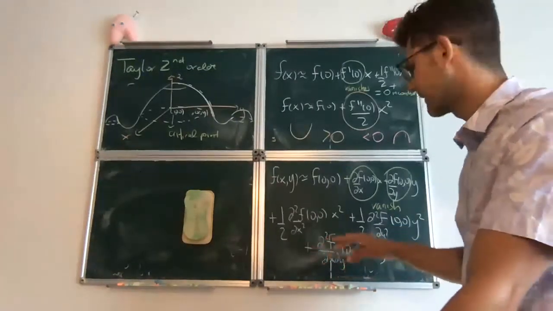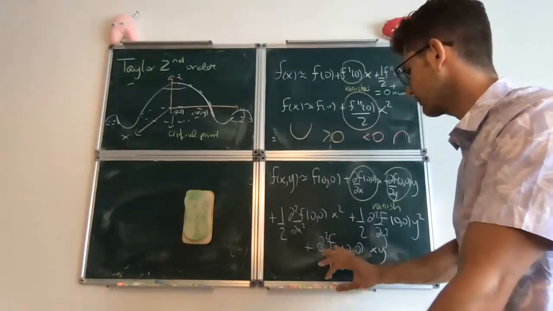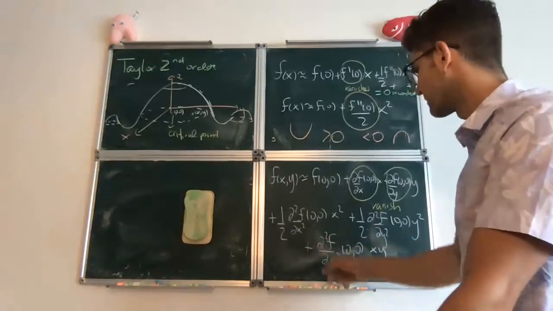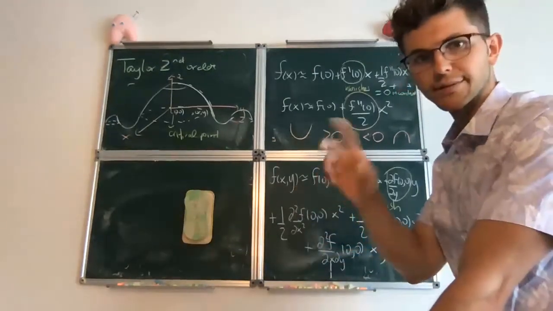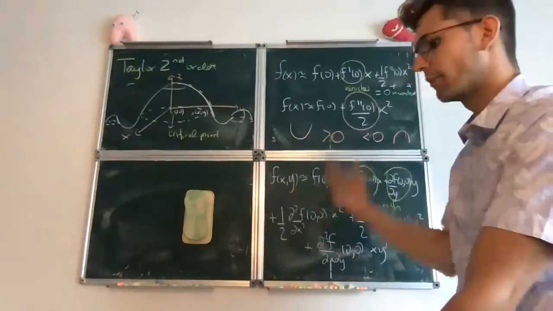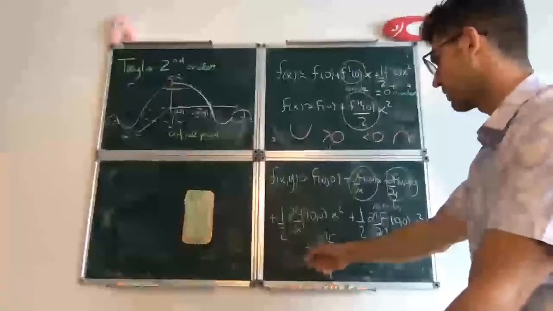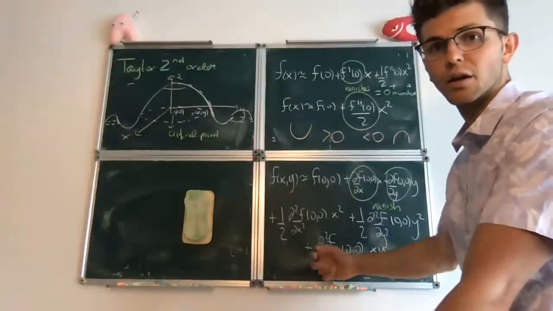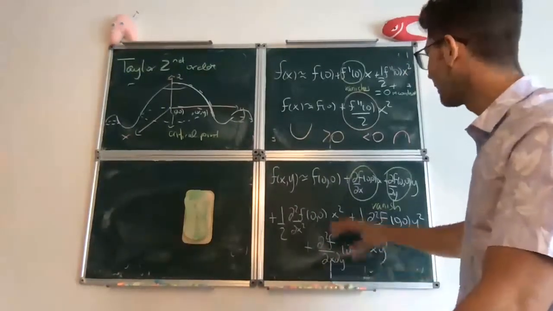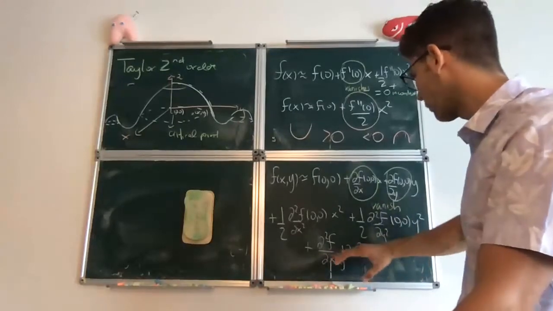The thing is that this appears twice, but since the partial derivatives commute, the mixed ones are the same. That's why you get 1/2 plus 1/2, which just gives you 1, and that's why there's no 1/2 in front of this term.